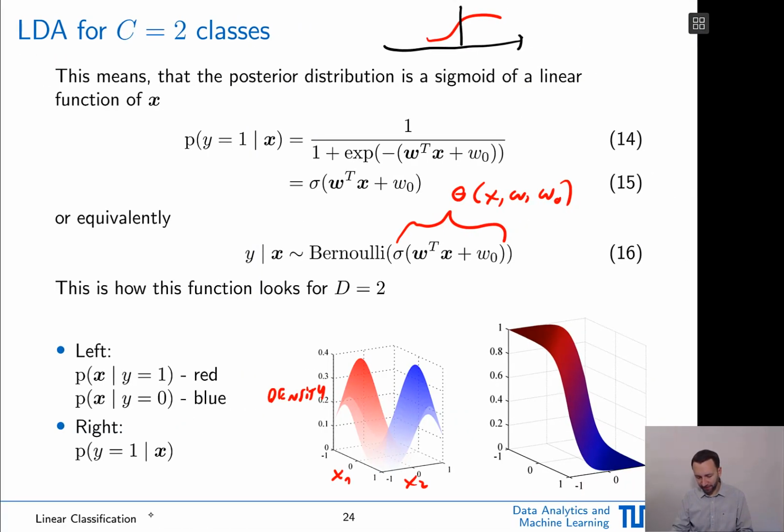So this is what we see in this plot. And on the right-hand side, you see the final result for y. What we are plotting here is again x1 and x2, and on the axis we are plotting the P of y equal to 1, conditioned on x, of course.